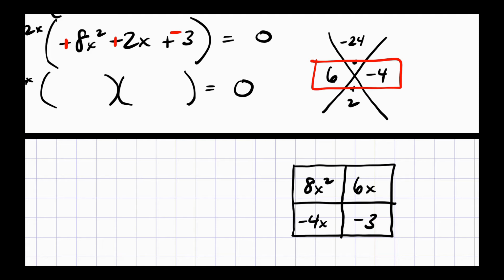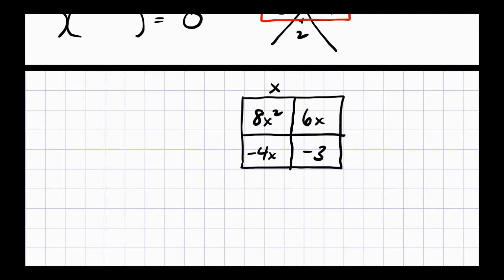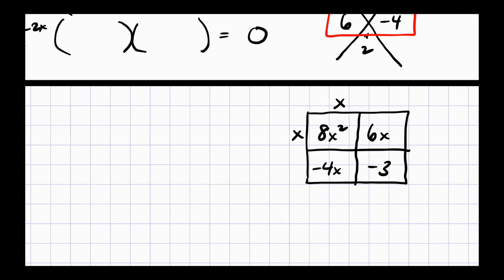So now we're going to do the opposite. What did it take to multiply to get those guys? Well, I need an x here. I need an x here to get x squared. Let's see. 4x here, negative 1, and I need a 2 and a positive 3.